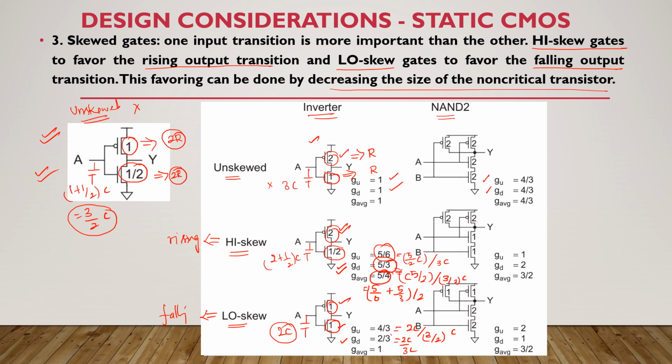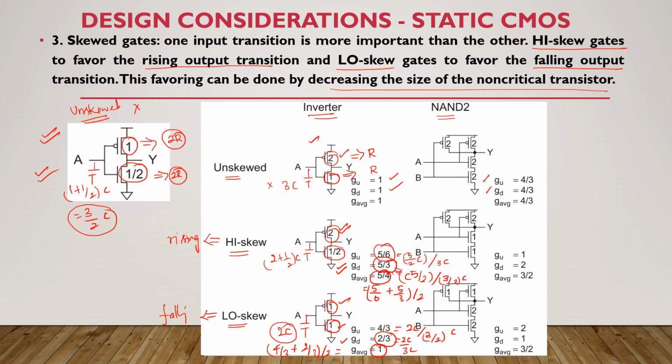You will be getting 2 by 3, right? So the average is nothing but 4 by 3 plus 2 by 3, divided by 2. So you will be getting 1. Like that, we have to calculate the logical effort for the high skewed as well as low skewed inverters. Okay.